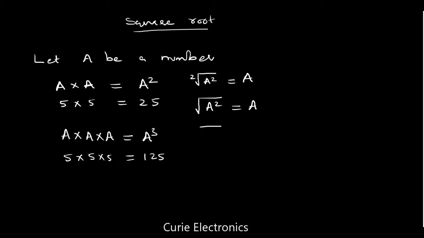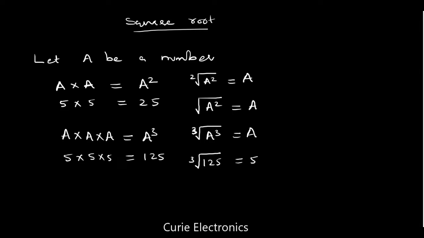Once you know A cube and you want to find A, we take the cube root. Cube root of A cube gives us A. So if you take the cube root of 125, we get 5.